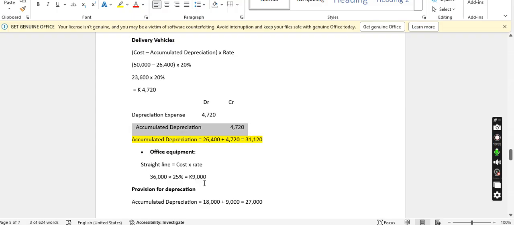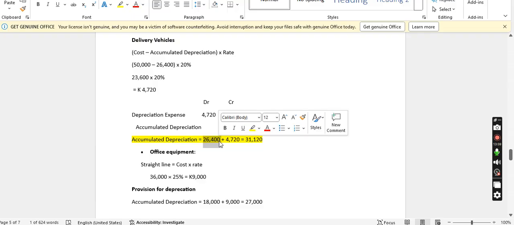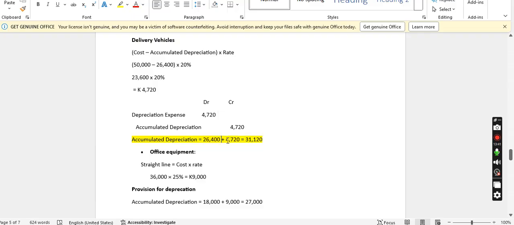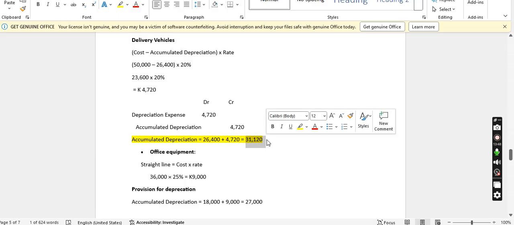So originally the accumulated depreciation for the vans, delivery vehicles, was 26,400. Plus this new depreciation expense of 4,720, we get 31,120. So this is the amount you should put in the balance sheet.